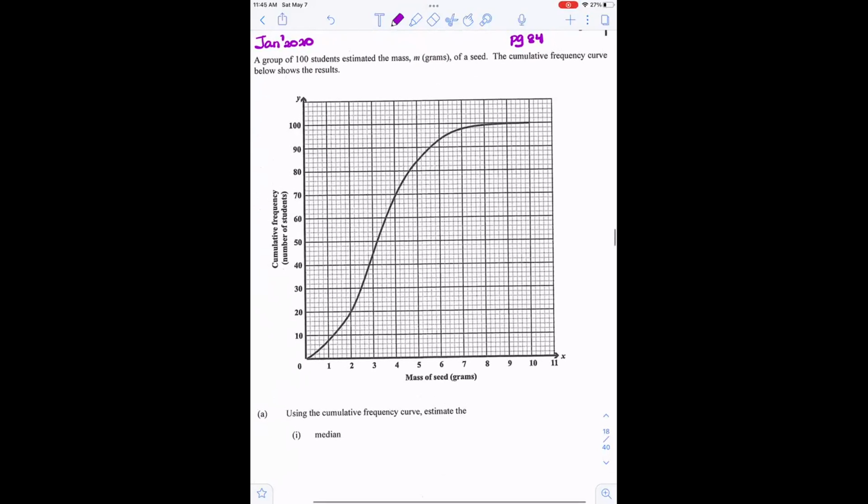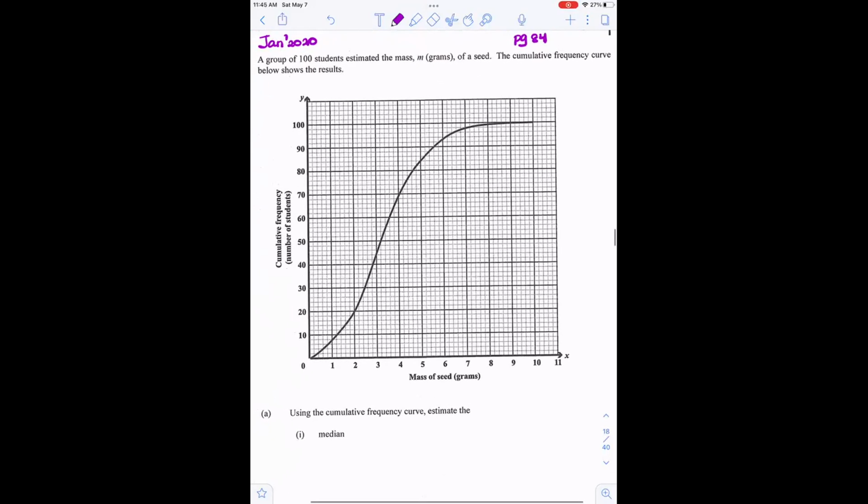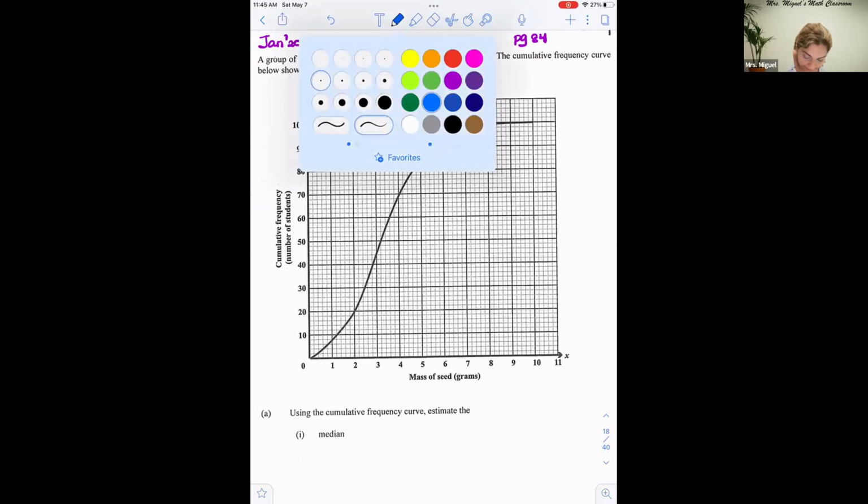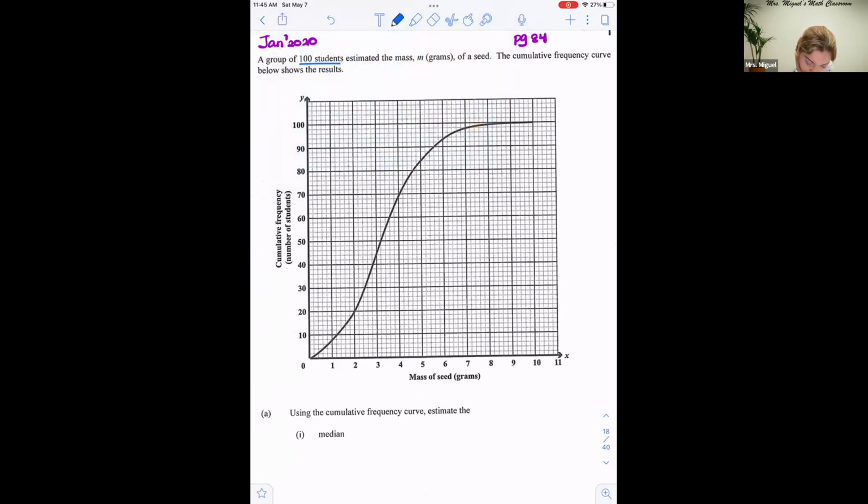Yes, miss. A group of how many students? Well, let us underline it. We know our distribution is 100. This is a cumulative frequency curve because of the shape. We want to find the median, so the data is grouped. Median is a half of n.